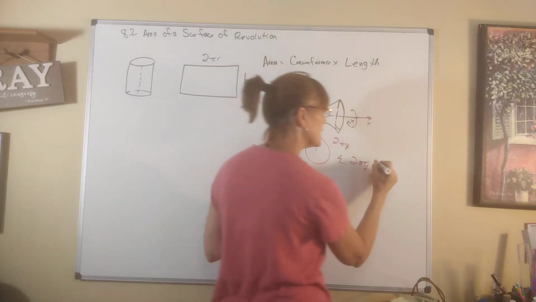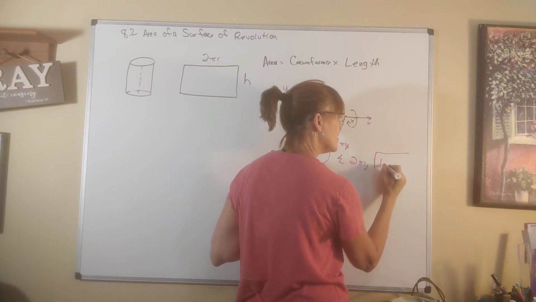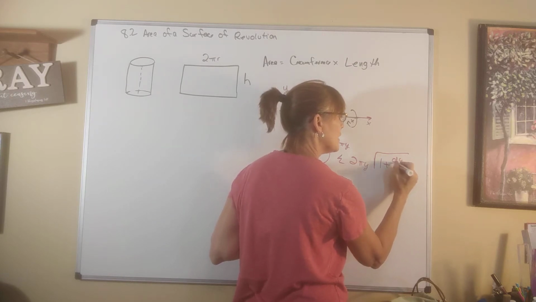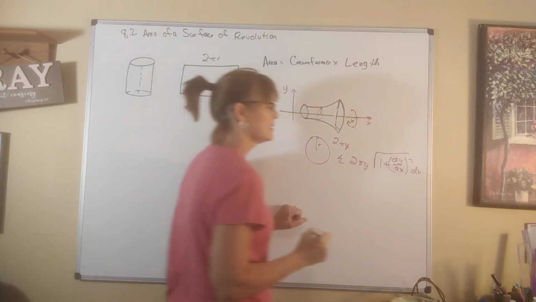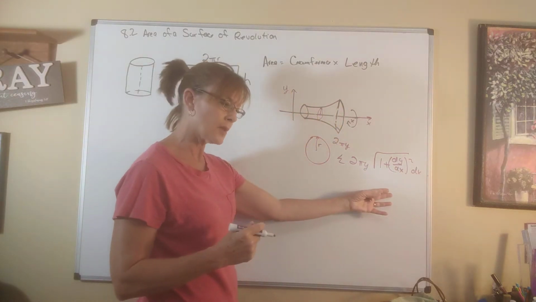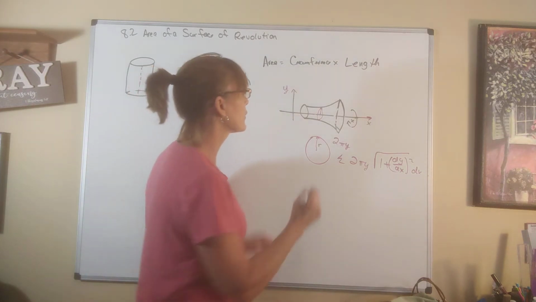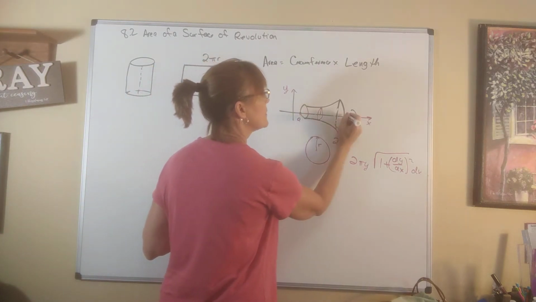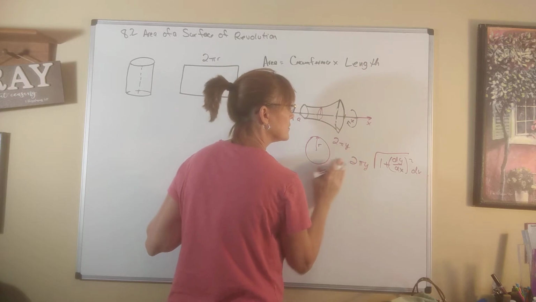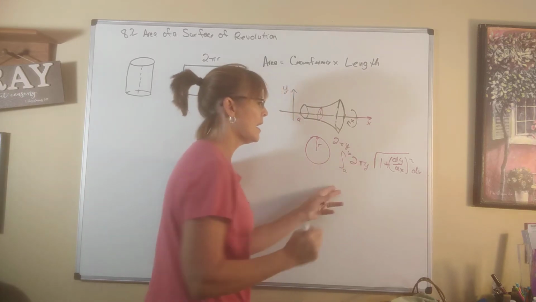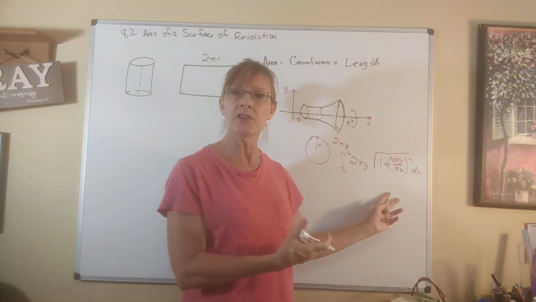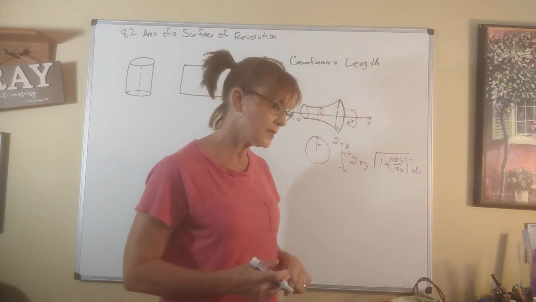So arc length is defined to be the square root of 1 plus (dy/dx) squared dx. So this is the formula for surface area. If we're going from some point A to some point B, we can change this summation symbol into this integral symbol, A to B. This is the definition of surface area calculation.